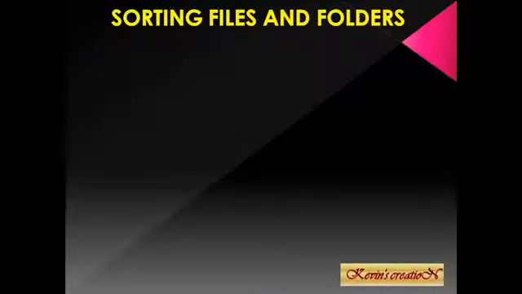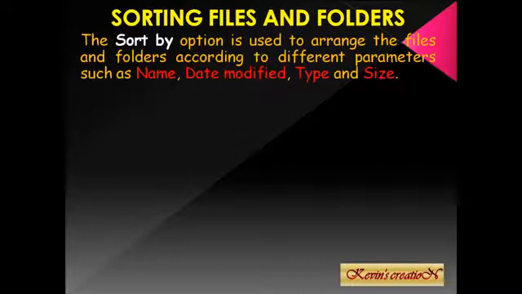Now we have got hundreds of files and folders in our computer. To sort them, we use a command that is called sort by. So the sort by option is used to arrange the files and folders according to different parameters. In our computer, many files are there.